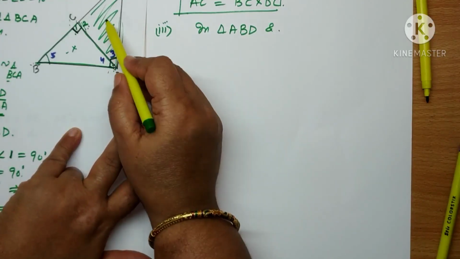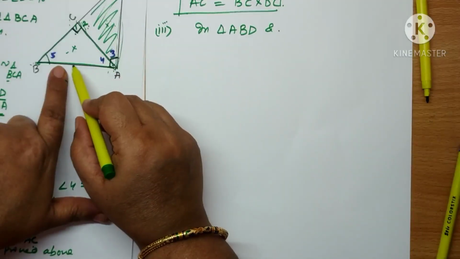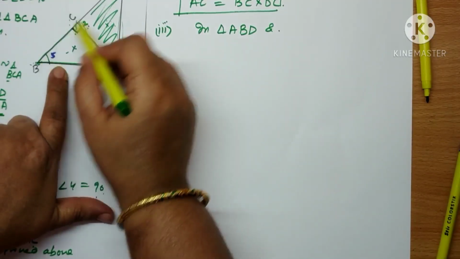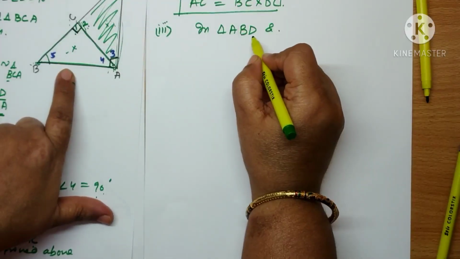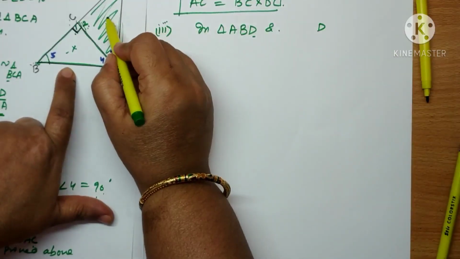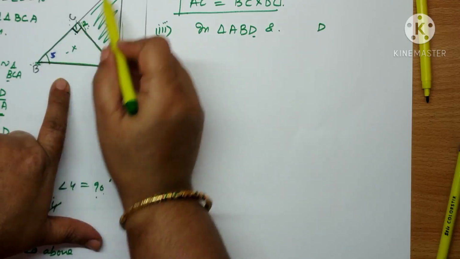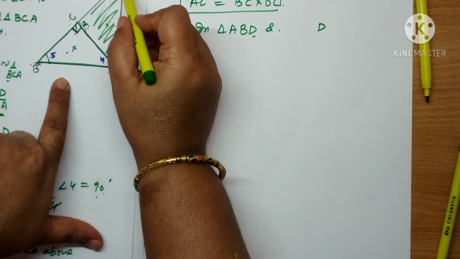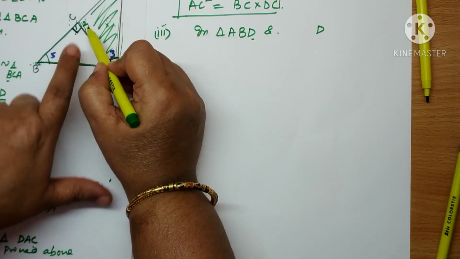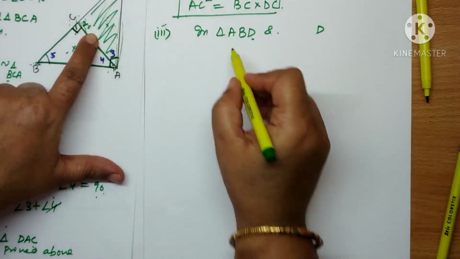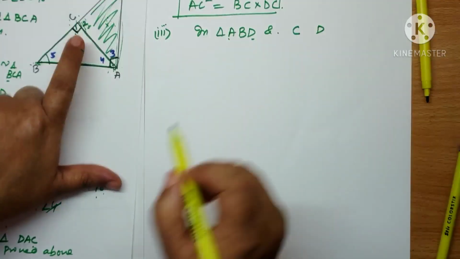Now the second triangle, the smaller one. Now ABD, the bigger one, we know D is common, so with D vertex will go in this triangle. Now in the bigger triangle, angle A is 90 and in the smaller triangle, angle 2 is 90 and the vertex is C. So with A, C will go.